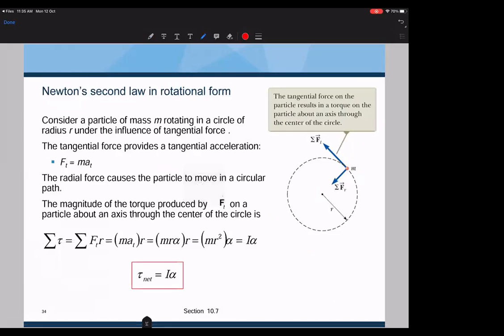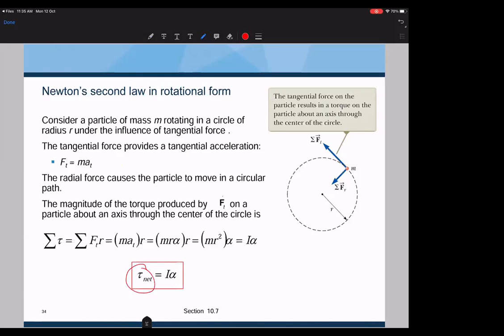And we have also talked about Newton's law in the rotational form. Basically, the one that we use quite often would be F equals ma in the linear form. And here in the rotational form, it is the net torque. The net torque equals I times alpha.